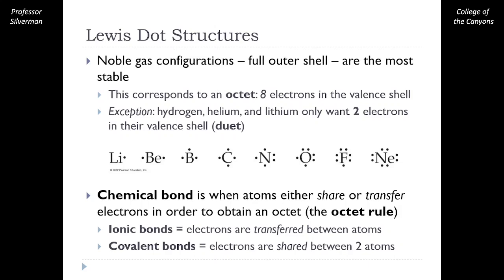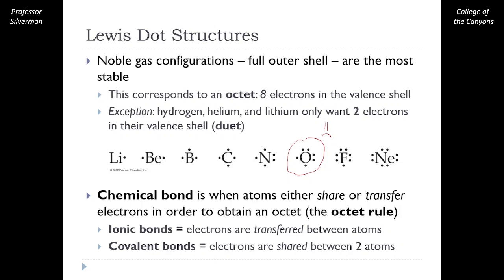The exception is hydrogen and helium and lithium. Those are happy with 2 valence electrons. Every other atom is going to want to have 8. If we take a peek at this oxygen, it only has 6 valence electrons. That's not enough. It's not going to be satisfied right now. So it's going to have to form some chemical bonds.